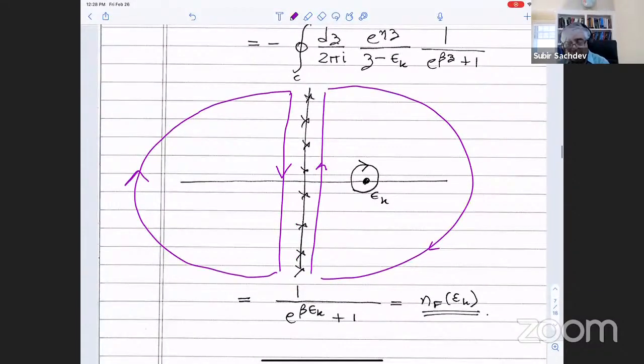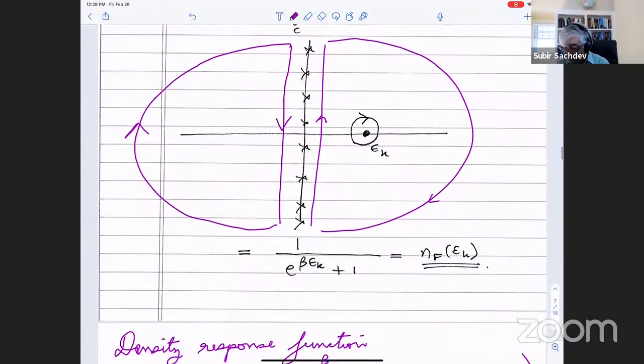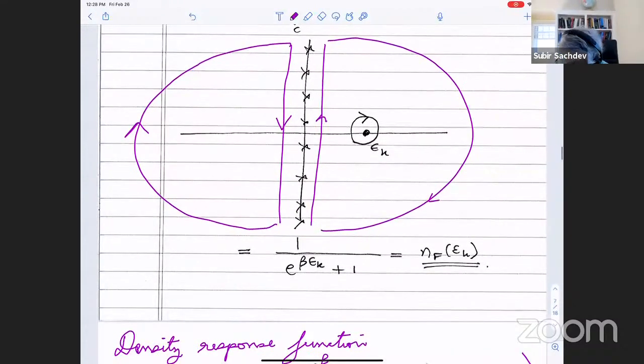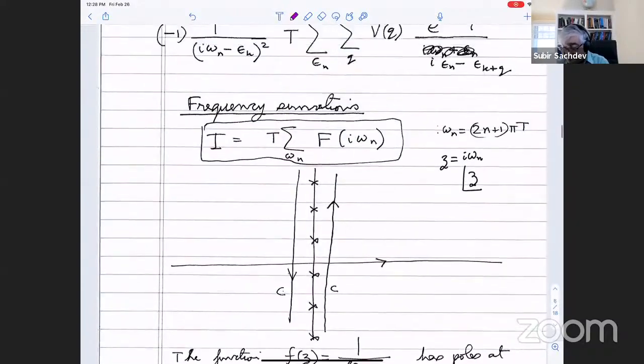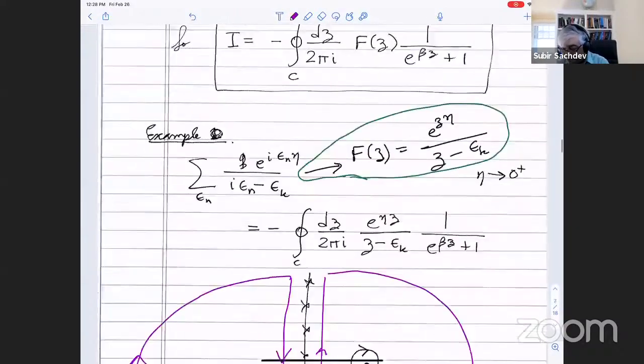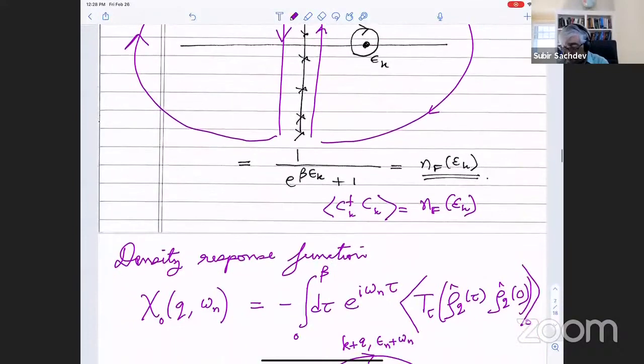That's just the world's most complicated way of realizing that the expectation value of C dagger C is equal to NF of Ek, something you already knew from freshman physics. So that's all this has done. All this fancy stuff with poles and contour integration gives you the right answer, exactly what you expected. Okay.